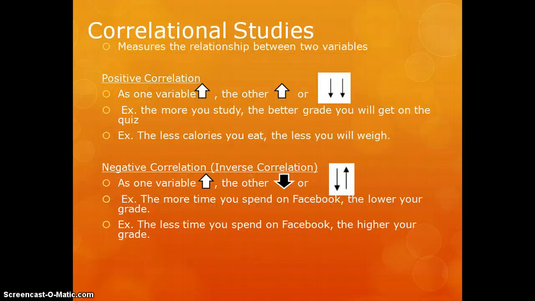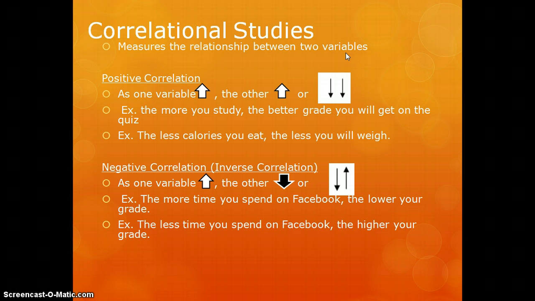All right, the next type of research method that we're going to be talking about today is a correlational study. So if you'll notice in there, we see the word relational. So the purpose of this research method is to measure the relationship between two variables.